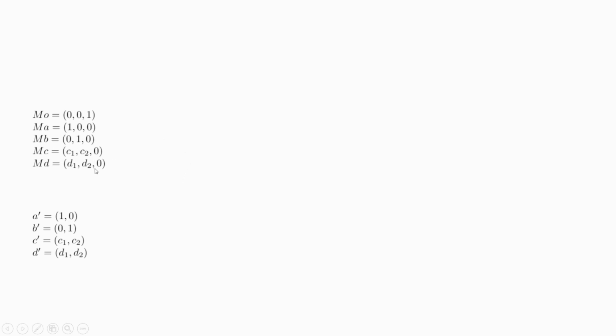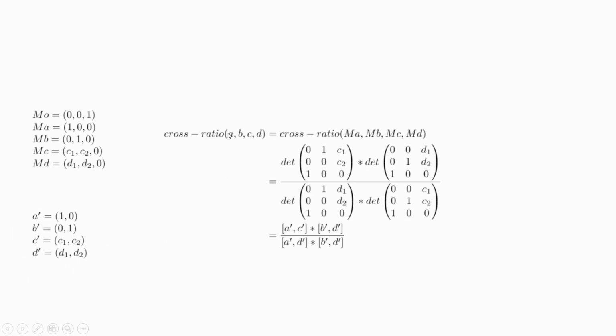So they look like this, and we can think of this projective line as simply a projective line supported in a 2D space, because all the z vectors are 0 for the points of interest. We redefine these points by their 2D coordinates, and we can show the following equations. The cross ratio is equal to the cross ratio of the same points transformed projectively.